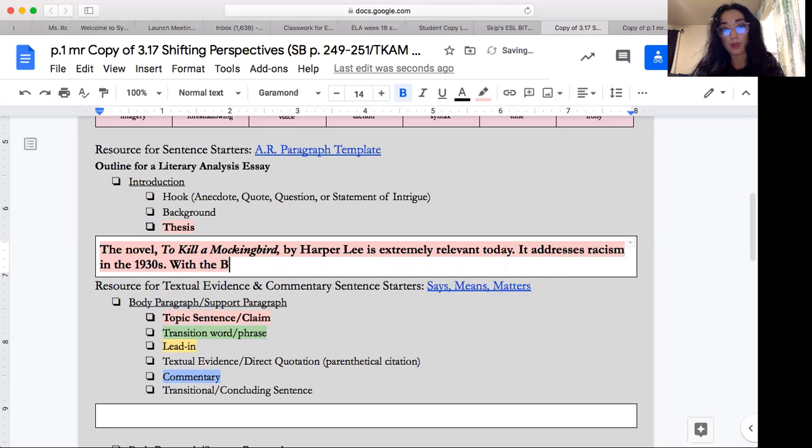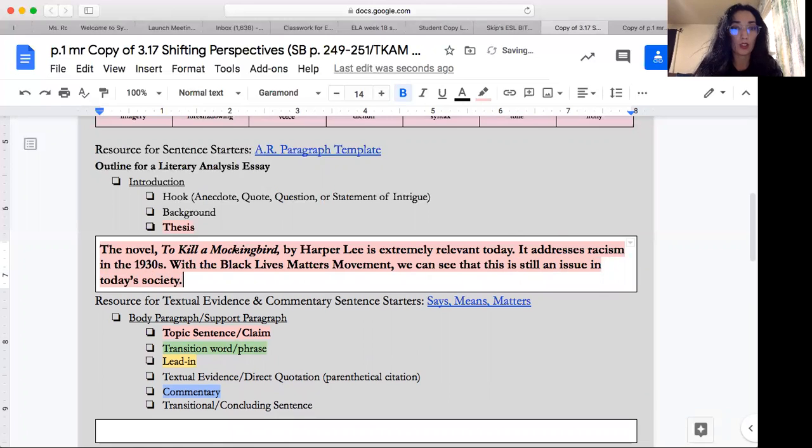With the Black Lives Matter movement, we can see that this is still an issue in today's society. Okay, so there's my hook.